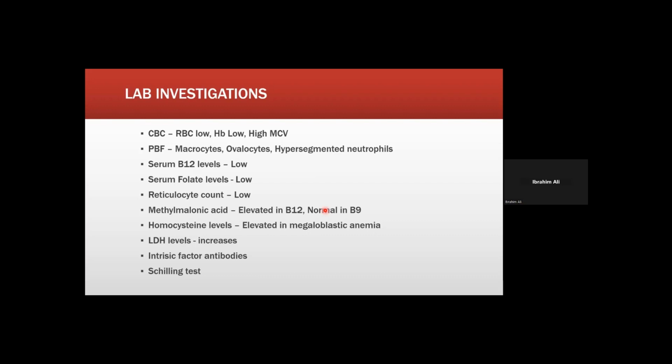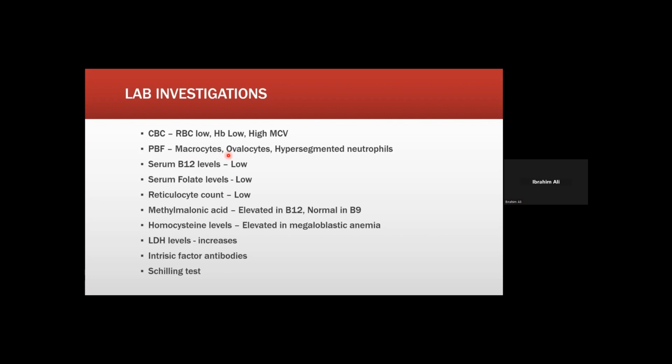So for the full blood count, or complete blood count, in the case of macrocytic anemia, your RBC will be low, your hemoglobin will be low, and your MCV, that is mean corpuscular volume, will be high, above 96 femtoliters. On peripheral blood film, we'll see macrocytes. I will show you the picture of how macrocytes look. Normally, your red blood cell is the same size as the lymphocyte.